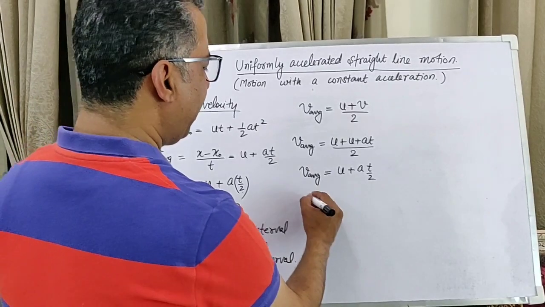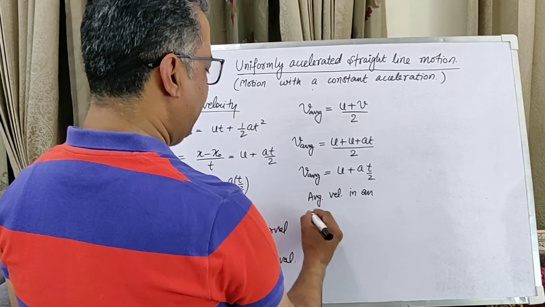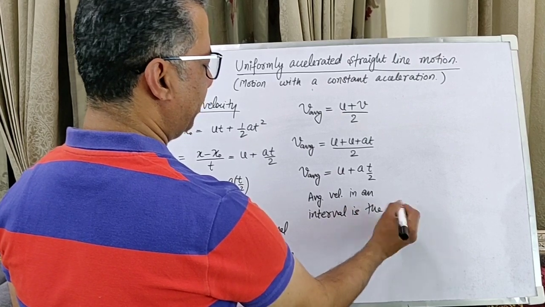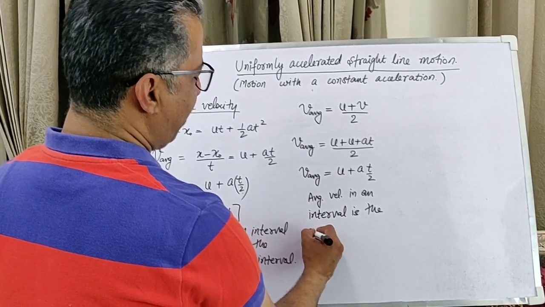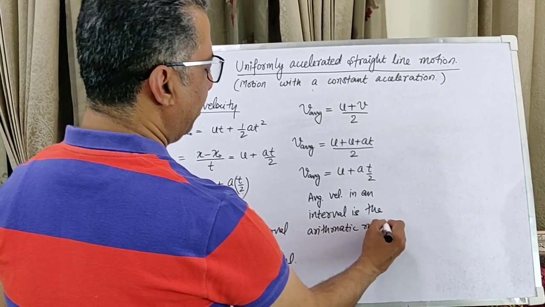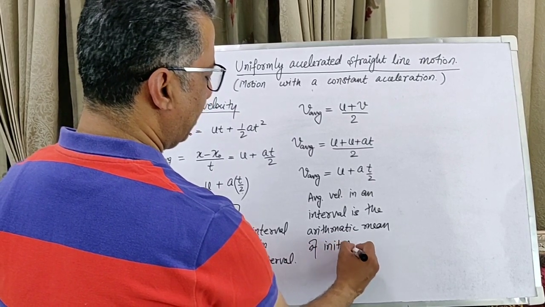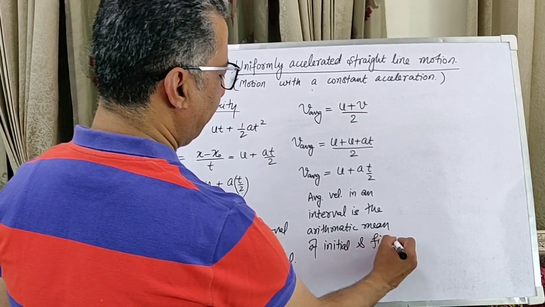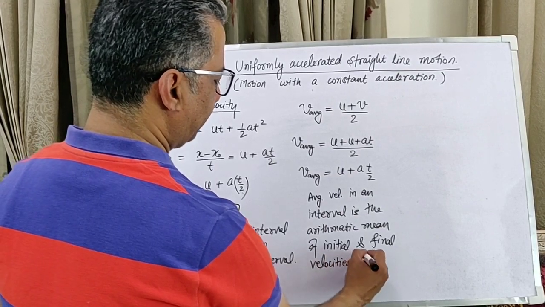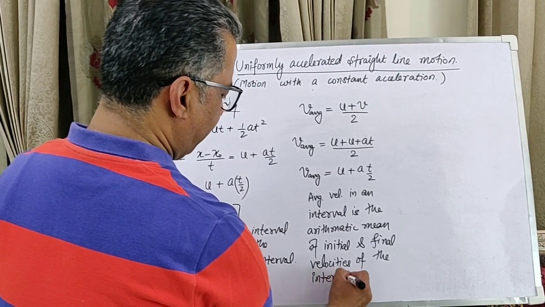So average velocity in an interval is the arithmetic mean of initial and final velocities of the interval.